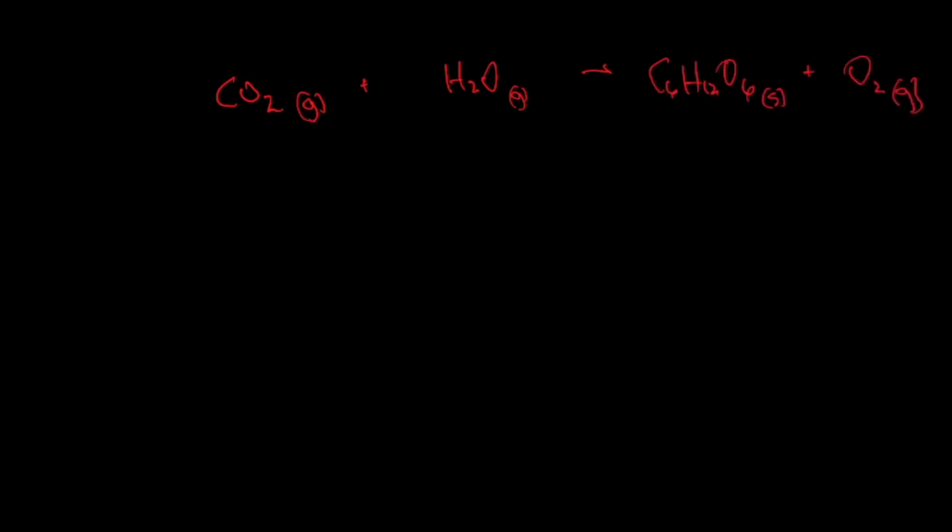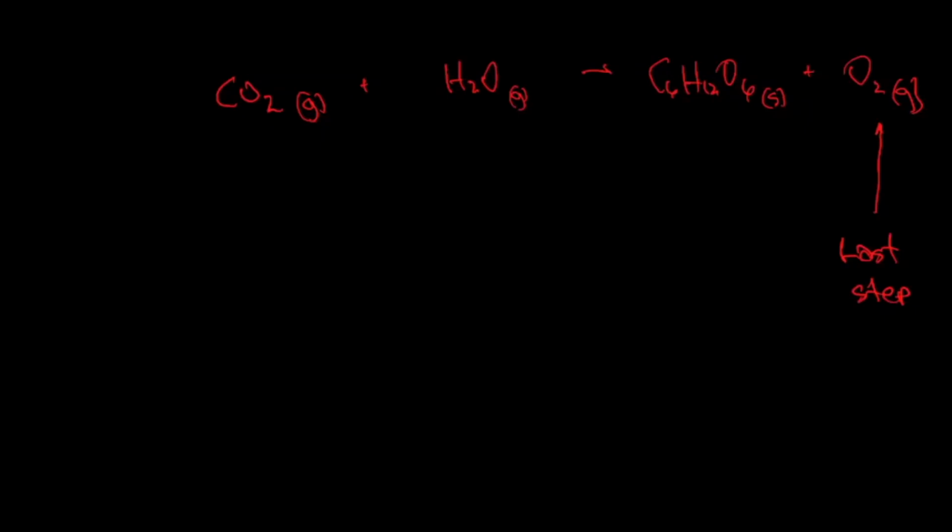The hint that I gave you is to save that chemical for last, in your last step. Why? Because when you change the coefficient for that chemical, you're only affecting one element, oxygen. For all other chemicals, you're affecting two or more. So you want to use this as your last step.